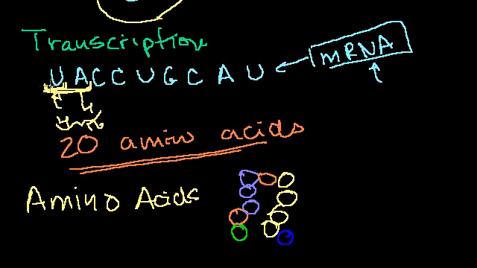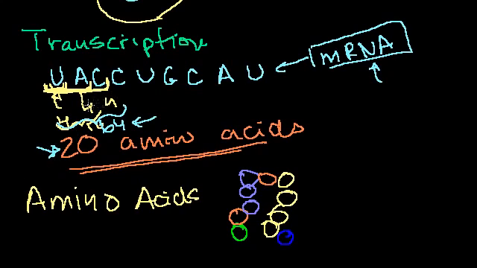Well, we have to use 3 of them. So 3 of them, there's actually 4 times 4 times 4 possibilities here. So they could code for 64 different things. They could take on 64 different combinations or permutations, this UAC right here. So if we have 3 of these bases, we can actually code for an amino acid. Actually, it's overkill, because we can actually have 64 combinations here, and there are only 20 amino acids.